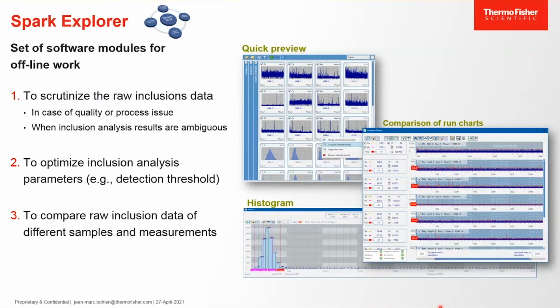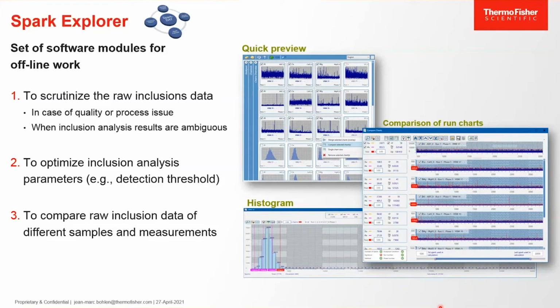So sometimes the inclusion data and properties monitored online are not sufficient to understand the problem or the cause of the problem, and it's good to have a look at the raw data. Or also to scrutinize the raw inclusion data when inclusion analysis results are ambiguous. This may happen. I think it happens as well with the SEM EDX technique.